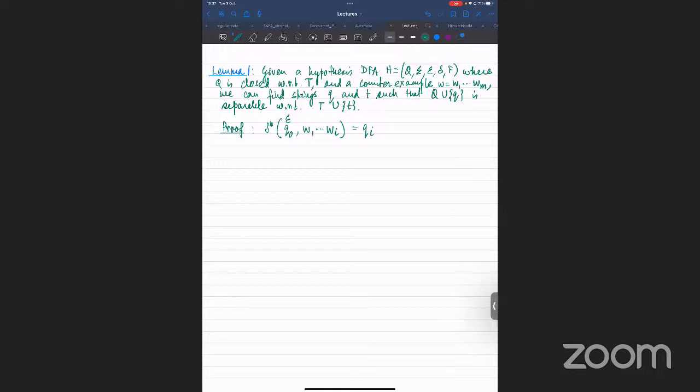Starting from this, if you read the prefix of the string, I call this qi. And I say that qi is correct if qi wi+1 to wm belongs to L if and only if w1 to wm belongs to L.